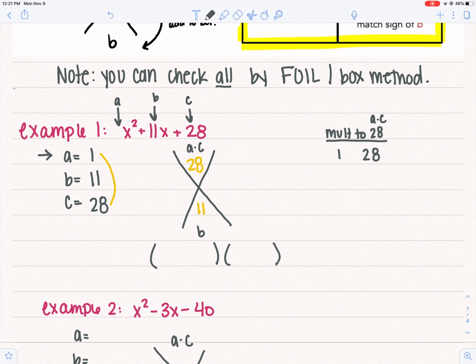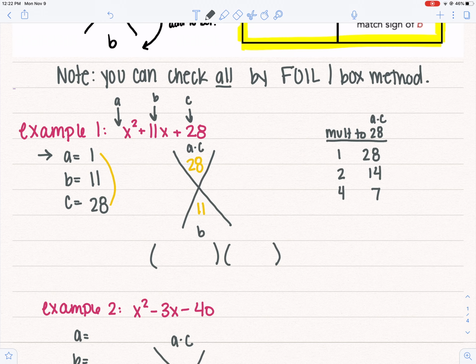Then I'm just going to go through the list. So I'm then going to go to 2. Well, 2 times what gives me 28? 14. I'm then going to go to 3. Well, when I type that into my calculator, it gives me a decimal, so I skip it. I'm going to go to 4. It's going to give me 4 and 7.